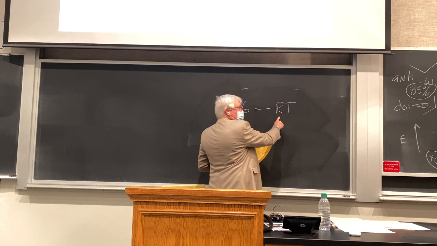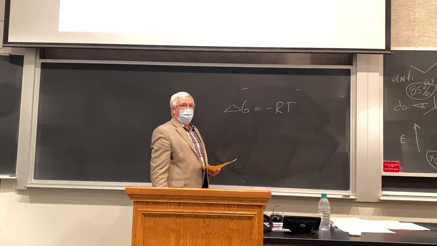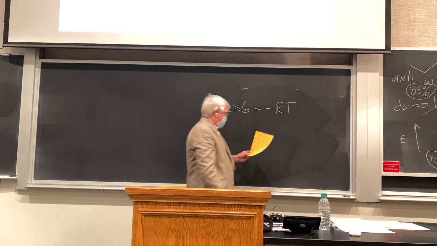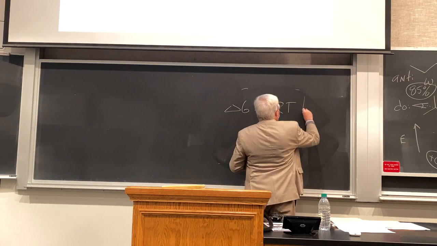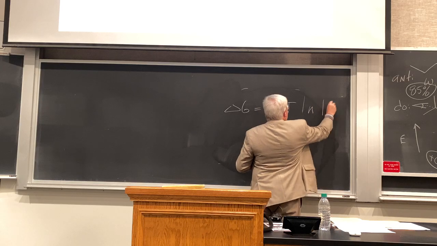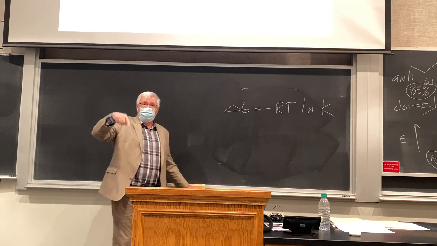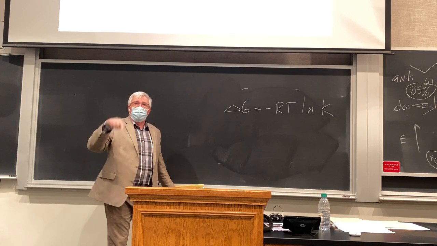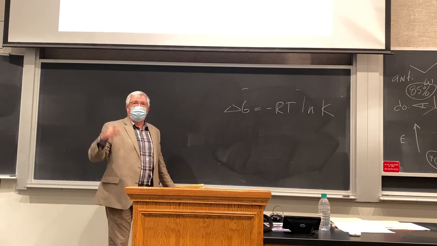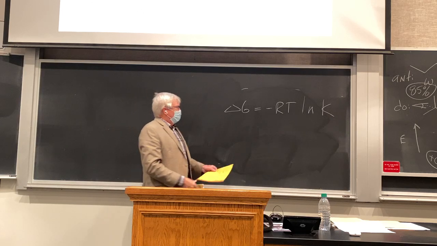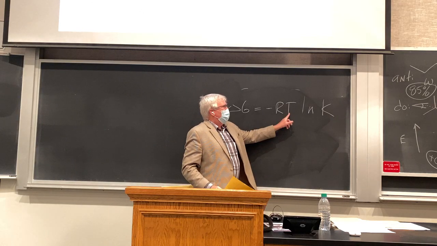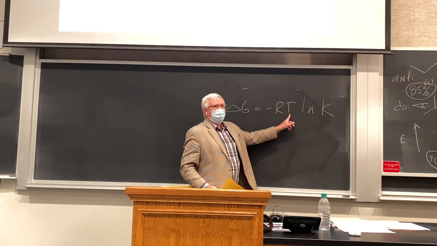R is the gas constant, which relates temperature to energy, times the natural log ln of K, where K is the ratio of different molecules you're looking at. So in our case, it would be the ratio of the conformational isomers, 85:15, whatever. T has to be in absolute temperature, Kelvin temperature, okay?